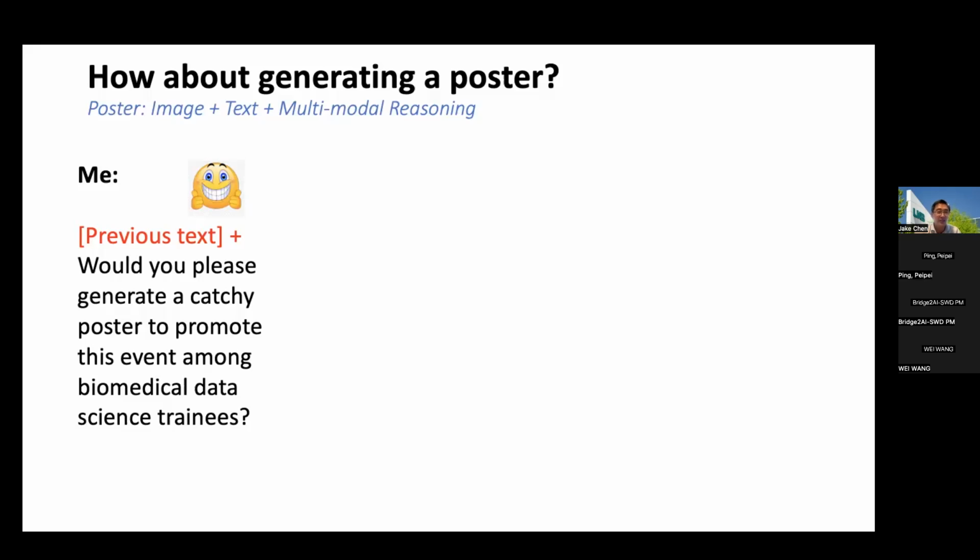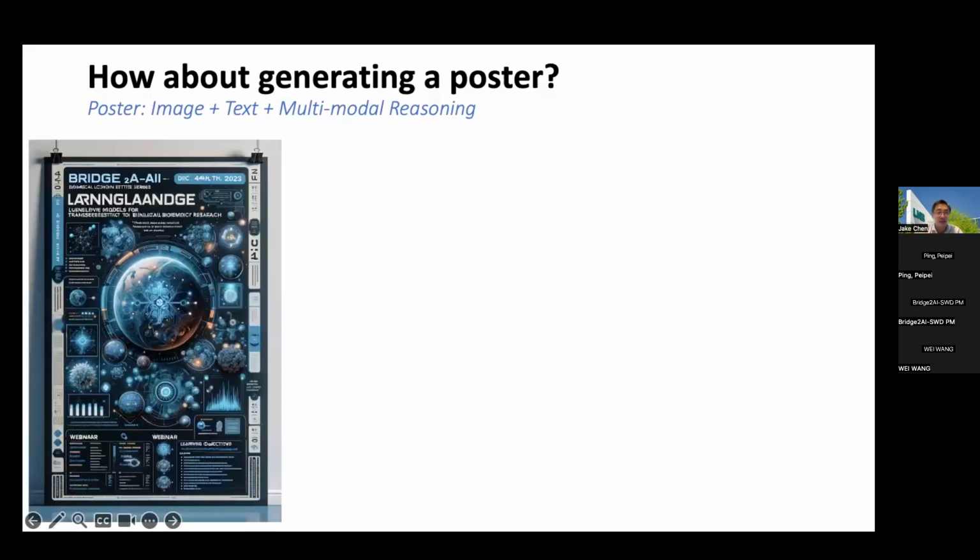I'm very excited to say, would you please generate a catchy poster to promote this event among biomedical data science trainees? And here's what it generated. On the surface, it looks pretty good, very impressive, but I cannot read any of the text. It's very busy, very colorful, and the text doesn't make sense. And I was somewhat disappointed.